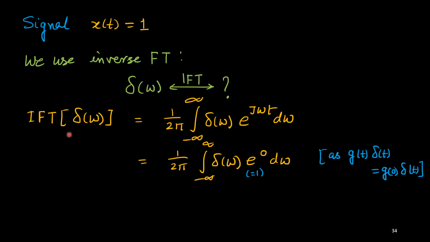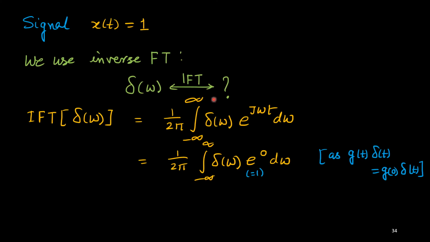So the inverse Fourier transform of delta of omega is defined as 1 upon 2 pi, integration from minus infinity to plus infinity, delta of omega e to the power j omega t d omega. Okay, now again we'll use the same concept. If any function g(t) is multiplied with delta t, we'll get again delta t, but here we'll multiply with g of 0.